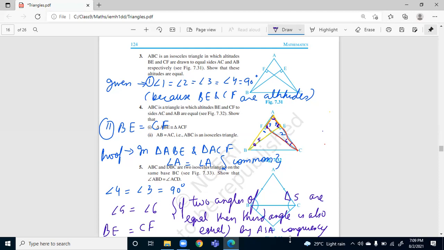And then for the second part, you can write by CPCT. If these two triangles are congruent, then by CPCT corresponding sides will be equal, and AB is equal to AC. And if AB and AC are equal, then it gives us an idea that it is an isosceles triangle.